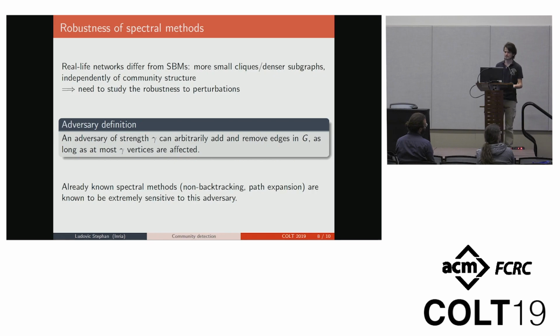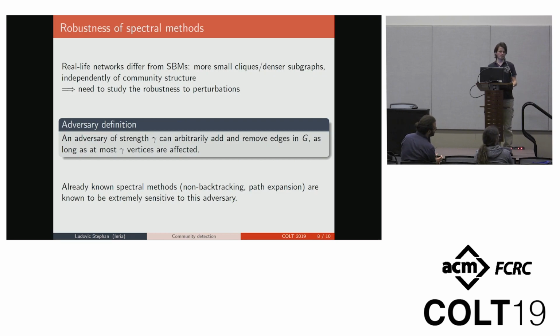And the problem is that in the proofs of many spectral methods, they use pretty specific properties of stochastic block models and some tree structure inside those graphs that are extremely sensitive to the addition and removal of edges.